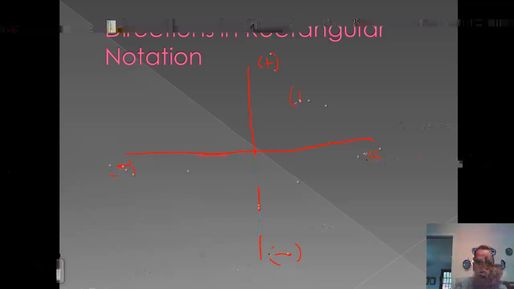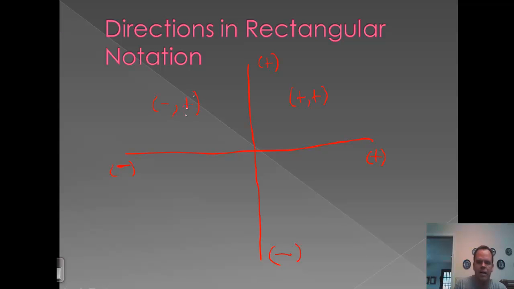So this quadrant up here would have a positive x and positive y. This quadrant would be negative x, positive y. This quadrant would be negative x, negative y. And this quadrant would be positive x, negative y. So depending on which we are dealing with, we'll know which quadrant of possible directions we are located in.